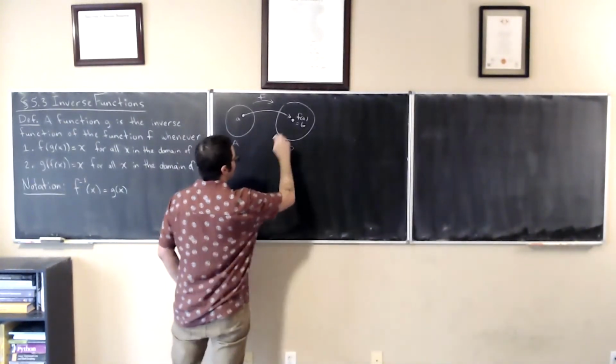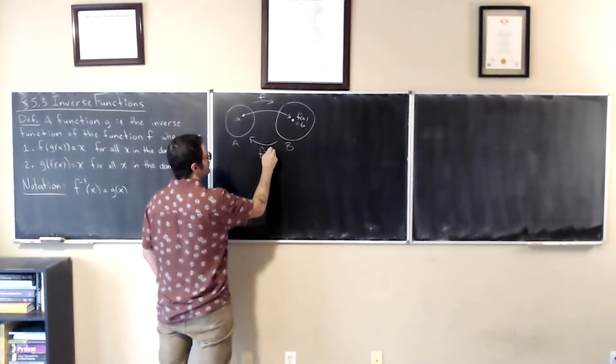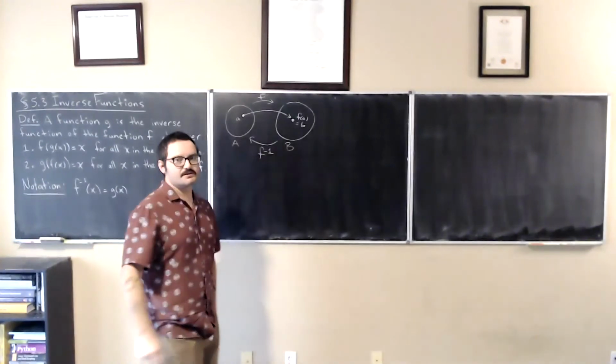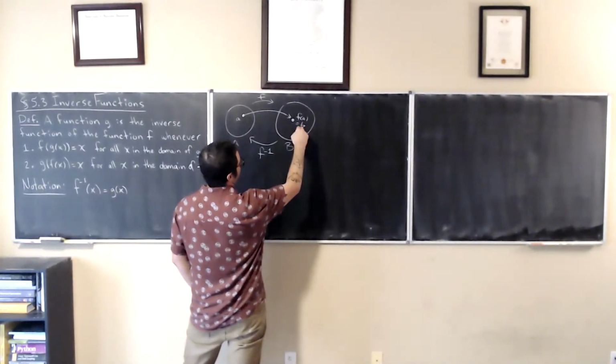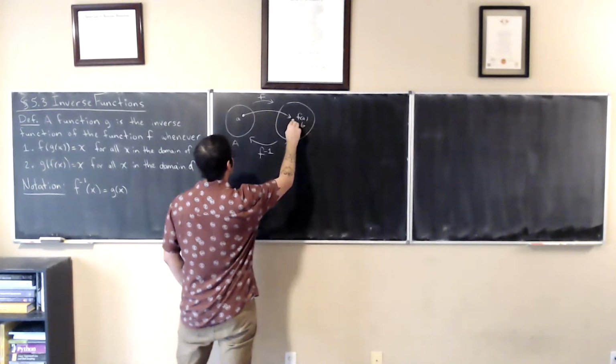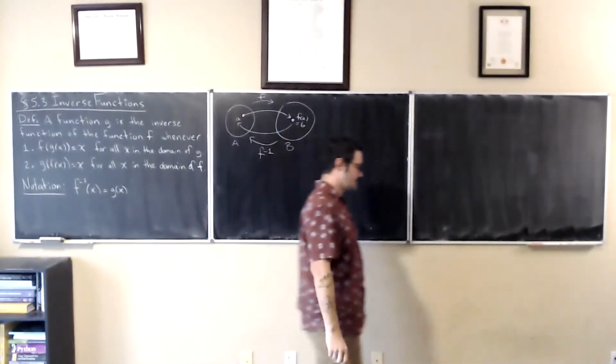Then f inverse is going to bring back those elements. So for example, f inverse evaluated at b is going to bring you back to a.